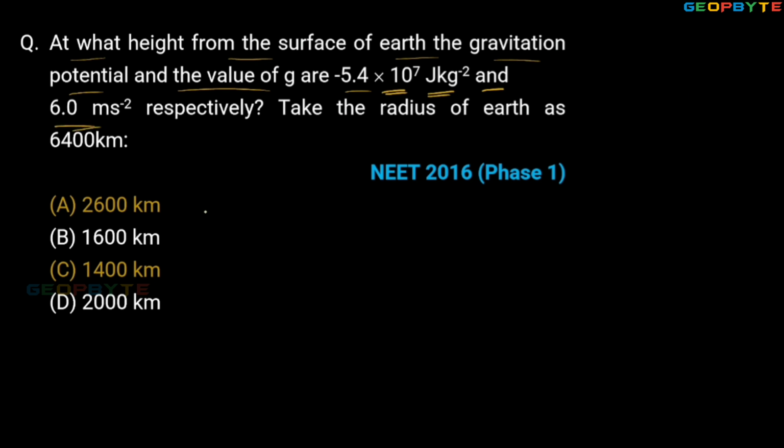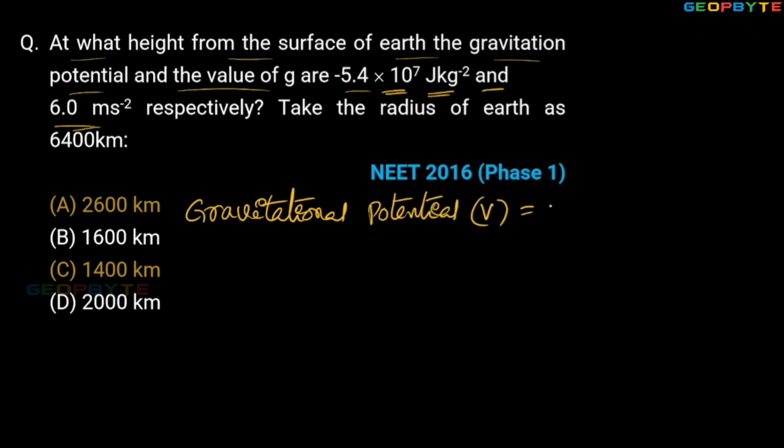It is given that gravitational potential, gravitational potential you can mark with V is equal to, as you know, minus GM by R plus H, that is given as minus 5.4 into 10 power 7 joules per kg.